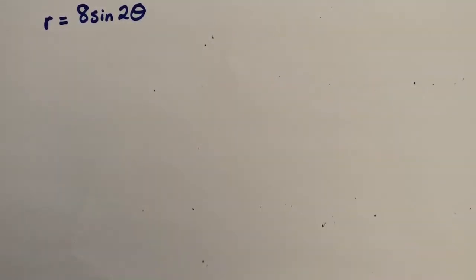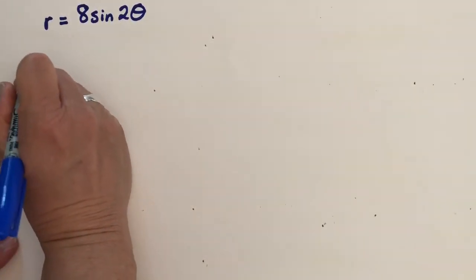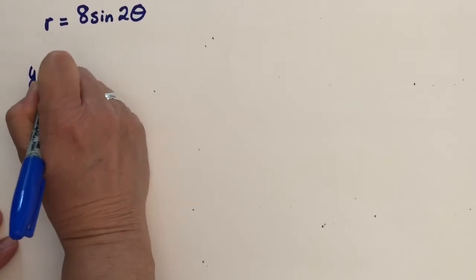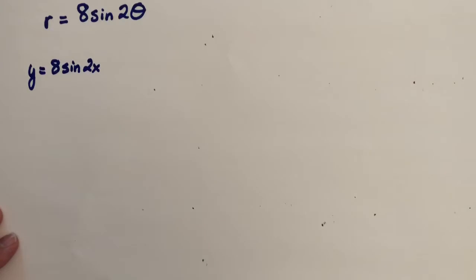Hopefully after you've done a few graphs, you'll look at that and recognize that it's a rose curve. But when I'm coming up with them, I often look at the graph with rectangular coordinates and translate to polar coordinates, because hopefully y equals 8 sine 2x is something that you're familiar with.